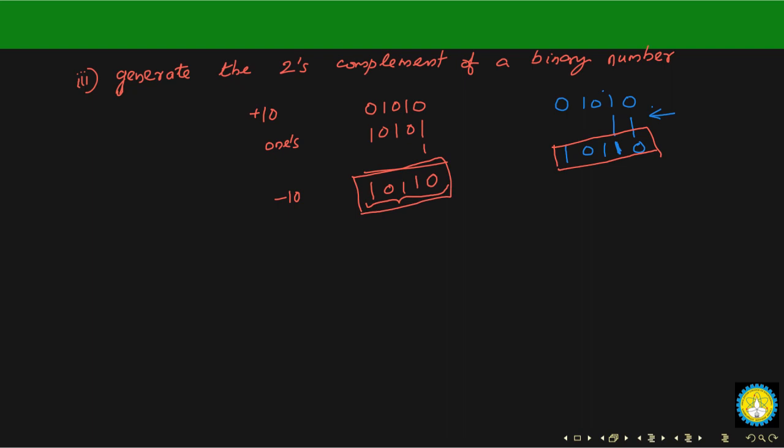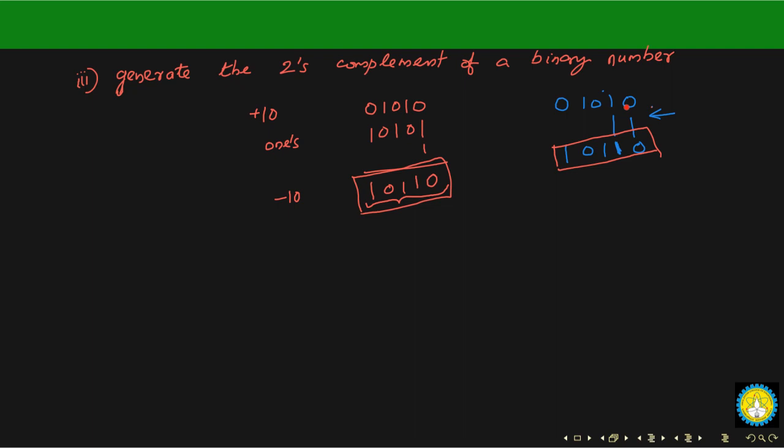The idea here is that you scan the string from the left side, go till you see a 1, copy everything including that 1, and to the left of that 1, whatever you see, just invert those bits.